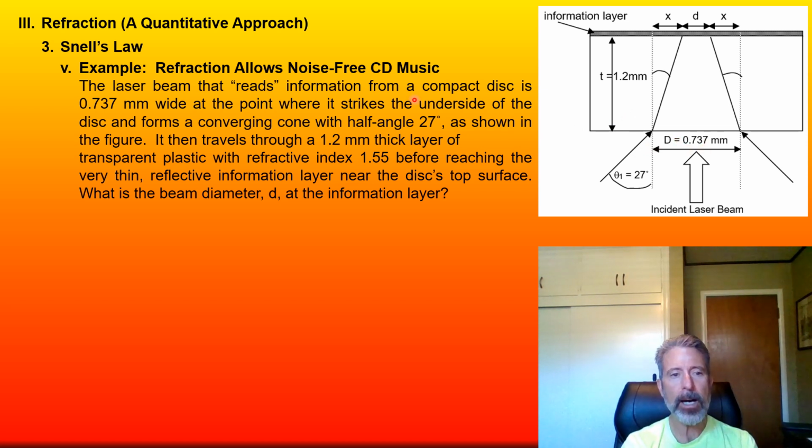It then travels through a 1.2 millimeter thick layer of transparent plastic with a refractive index of 1.55 before reaching the very thin reflective information layer near the disc top surface. We're asked to find the beam diameter, little d, at the information layer. How big is the beam after it has been refracted through this piece of plastic?